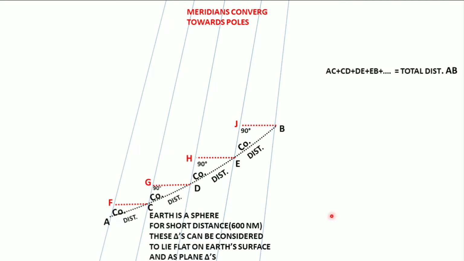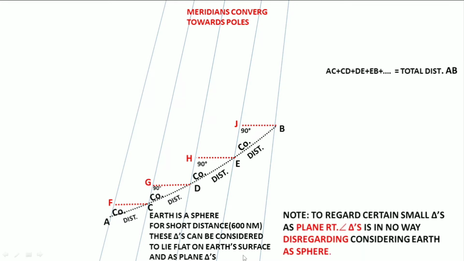So we have these small triangles which we can consider as lying flat on the surface of the earth and can be treated as plain triangles. In no way are we disregarding the fact that the earth is a sphere. But for short distances, small triangles, we can consider them to be lying flat.